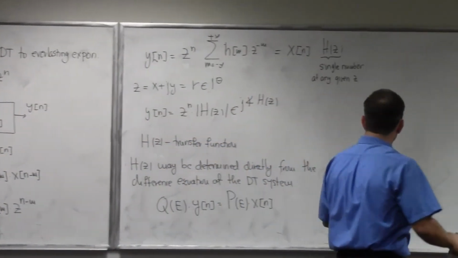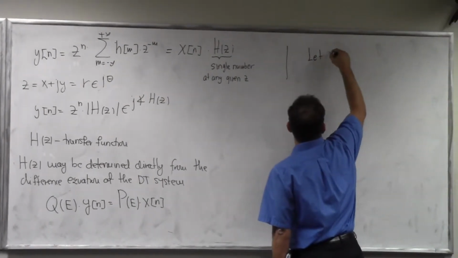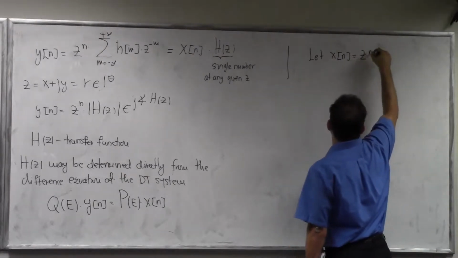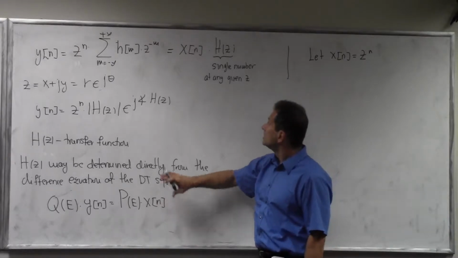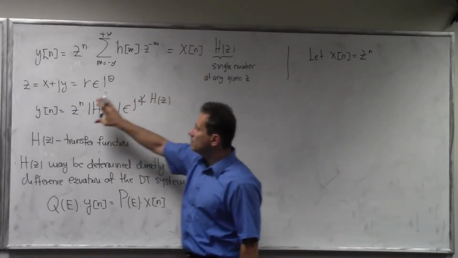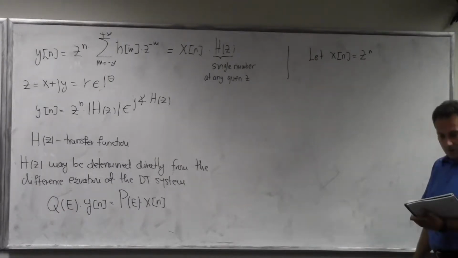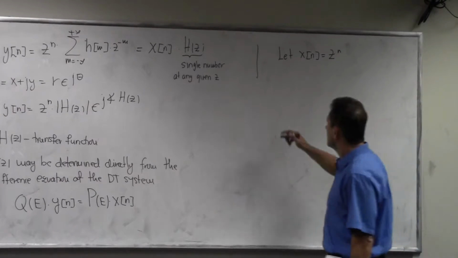Now, let's assume x of n equal to z to the n. So we're now looking at a general case of the difference equation subject to my input being x of n equal to z to the n. So let's work now on the left-hand side.